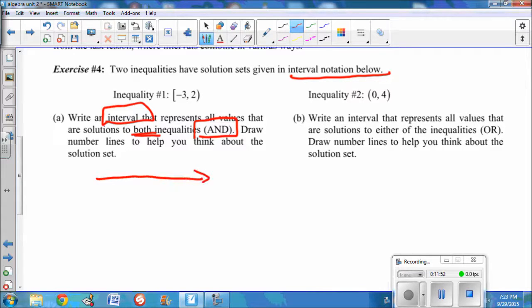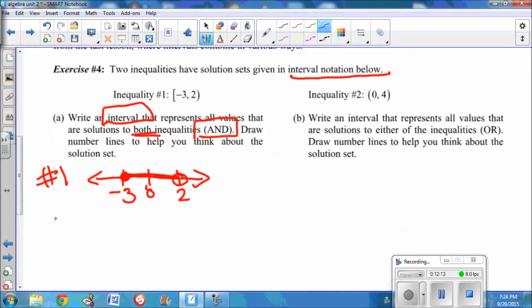So for my first one, inequality number 1, I'm going to put a 0 there, and then I'm going to my starting point and my ending point, and we include and we don't include, and it's everything in between.